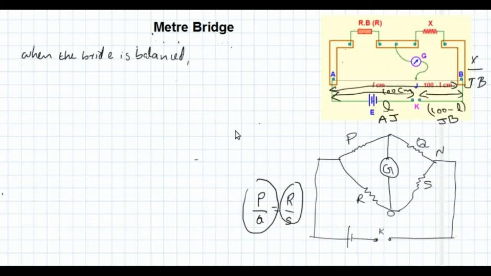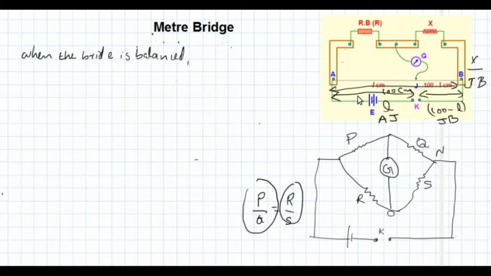So when the bridge is balanced in the case of a meter bridge, what will happen? We may find the ratio P by Q is equal to R by S in the case of the meter bridge also. And which are these resistances? P is represented by R and Q is represented by X. Then what is R?